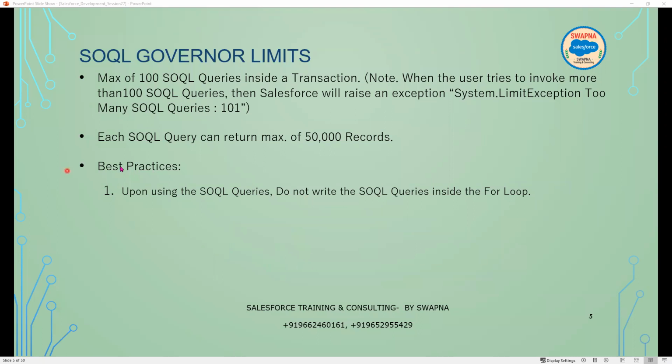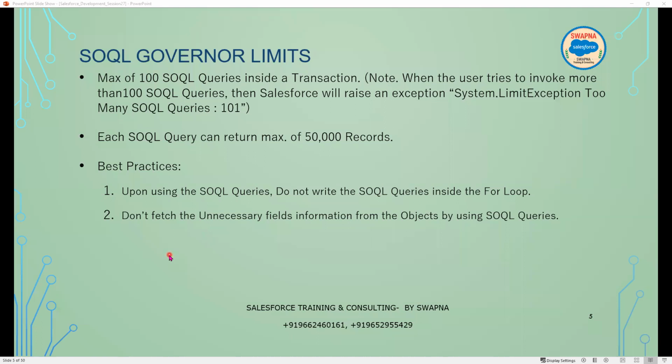And the second best practice is do not fetch unnecessary fields or unnecessary records from the object by using the SOQL query. Sometimes I need only one record's information, but what we do is query all the rows.